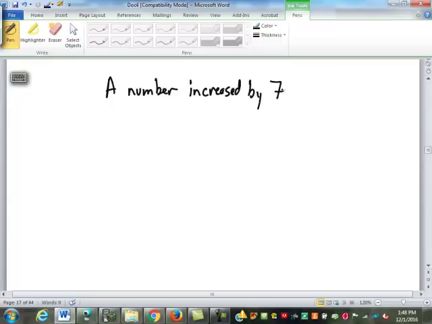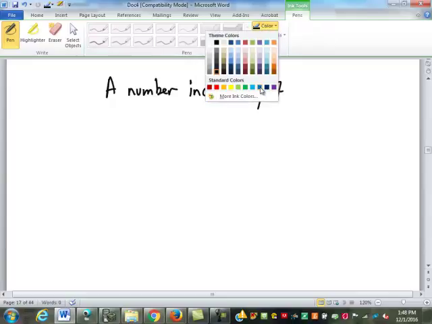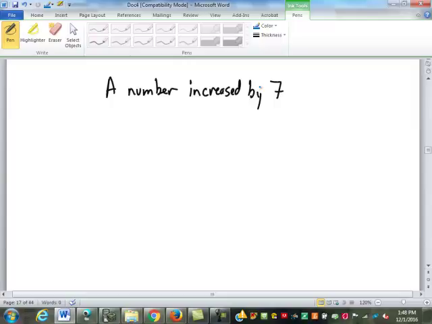Now, the number itself could be x, could be n, could be y, could be a, could be d, whatever letter you want to use. So we're going to agree for right now that we're just going to use x as that number. So how would we represent a number increased by 7? X plus 7.